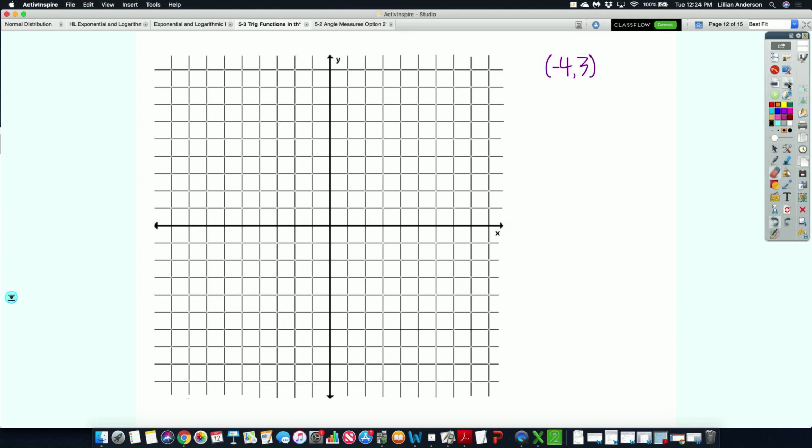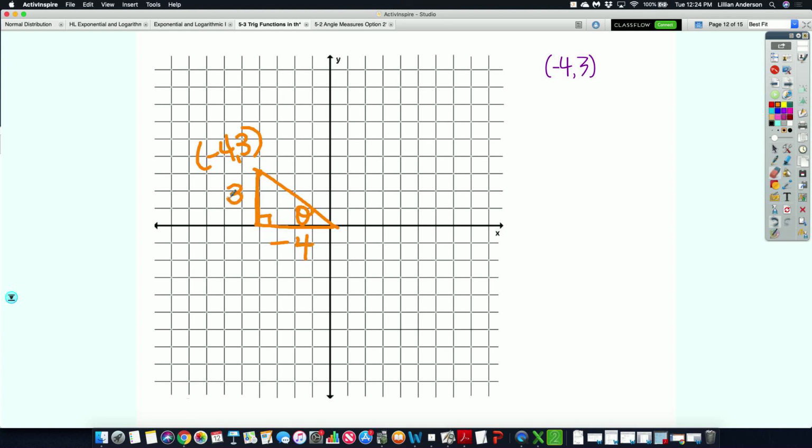Okay? Let's do one more of these. What quadrant is (-4, 3) in? 2. Negative 4, positive 3. I drop down my perpendicular to which axis? The x-axis. Then I create my triangle and label my information. This is negative 4.